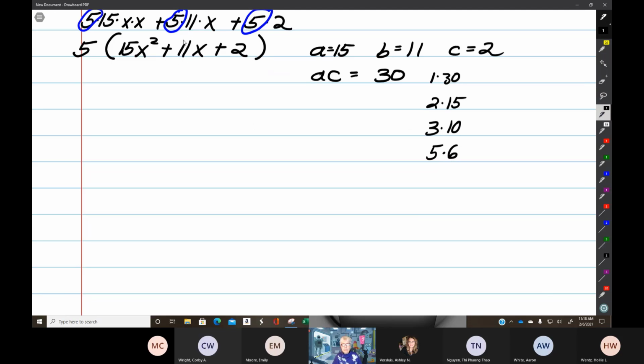And notice that our B number is a positive number, so we don't really have to write the negative factors over here unless you just want to be complete.